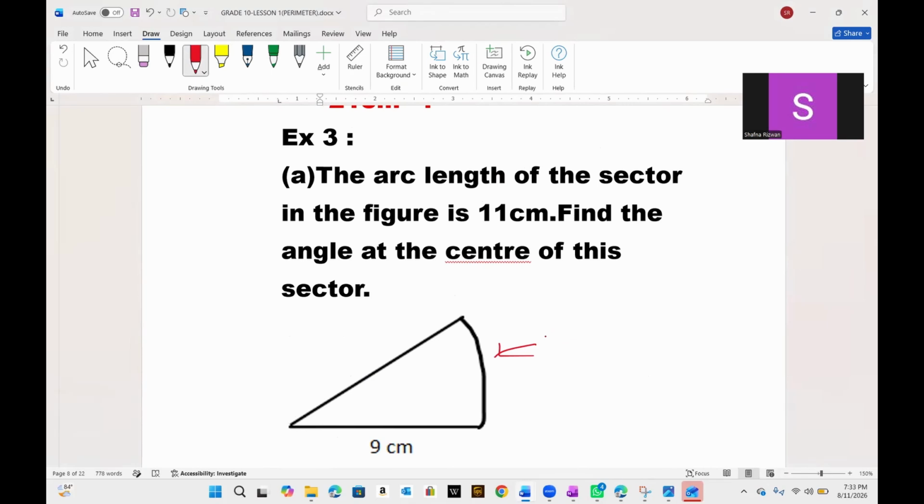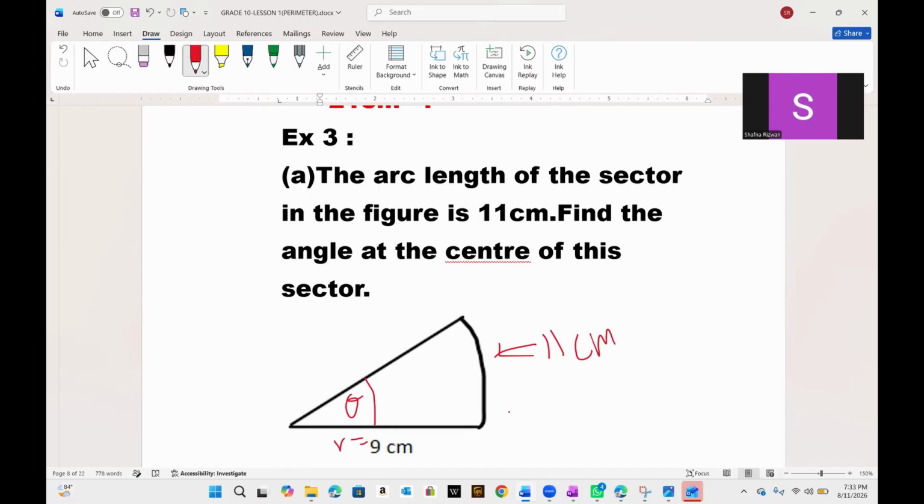Arc length is 11 centimeter. Now the radius is 9 centimeter. Now what should you do? Find out the angle at the center of the sector. That means you have to find this theta part. Right. Now let's go and do it.